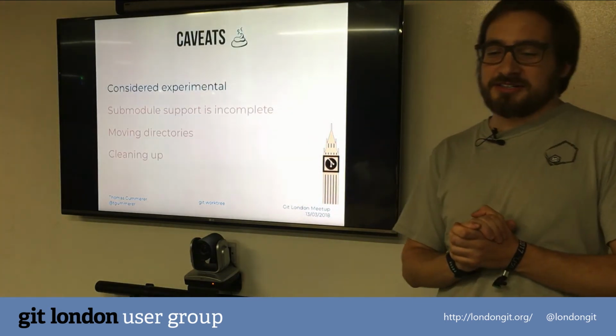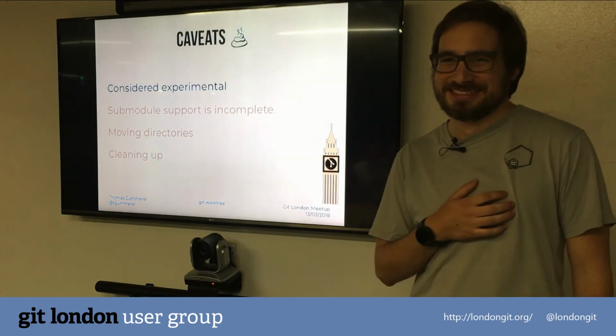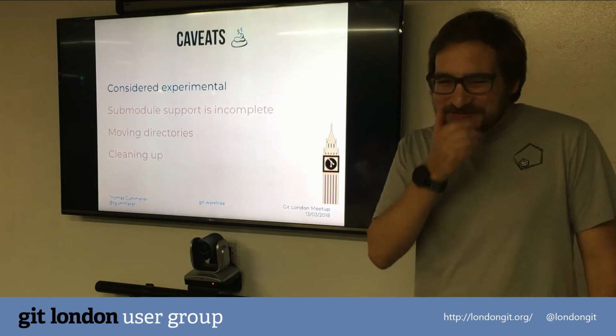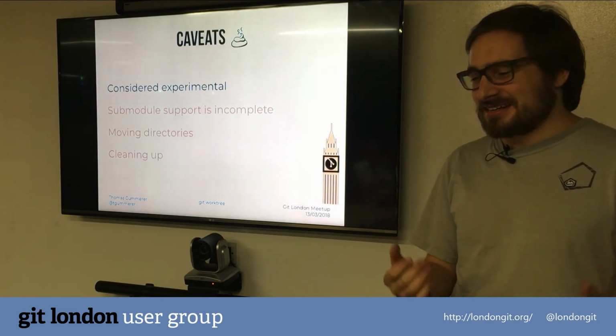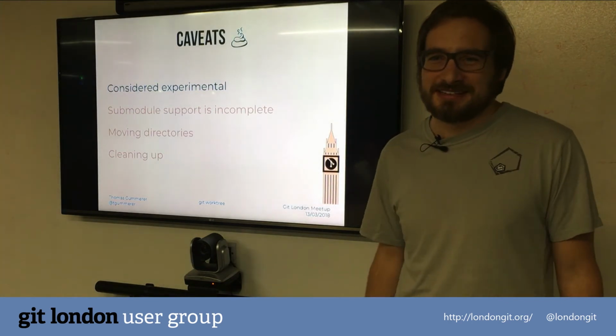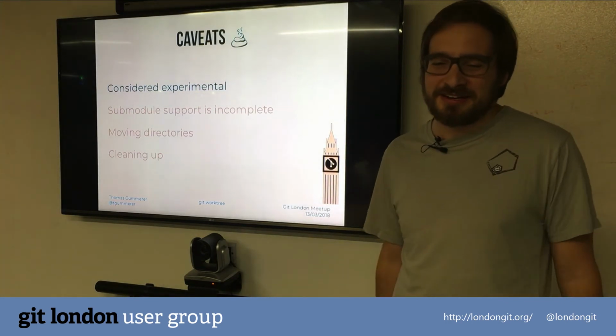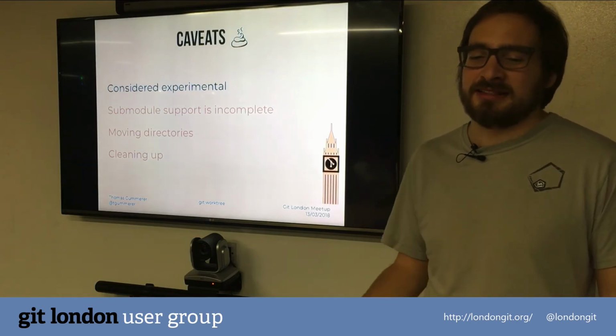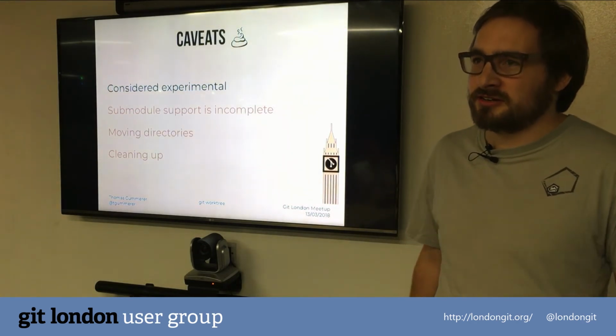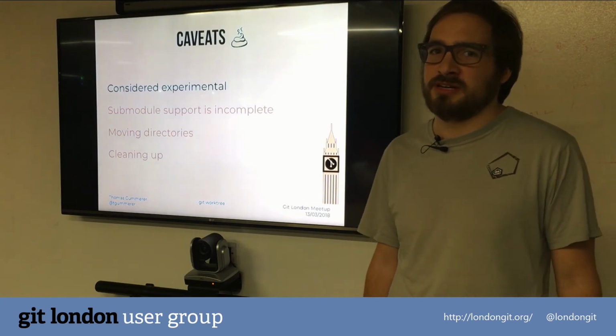So now there are some caveats. Git worktree, as I said, is a relatively new feature for Git. It exists since 3 years, but compared to the project's lifetime, that's not that long. So they are still considered experimental in the man page.